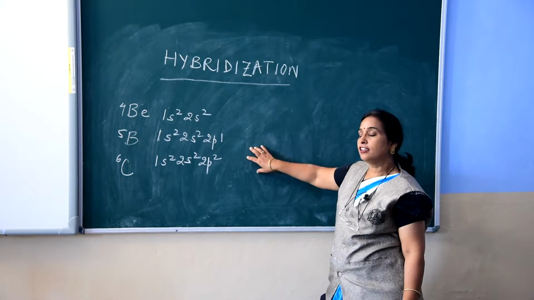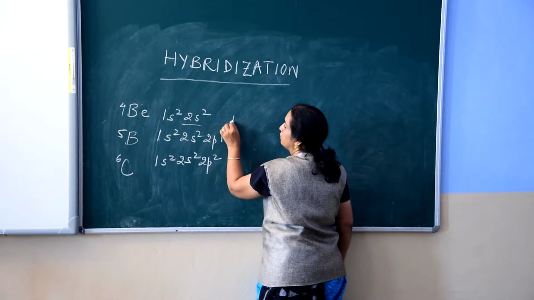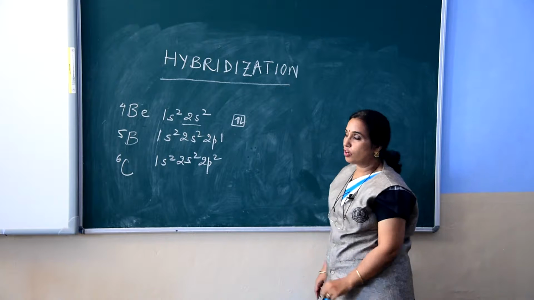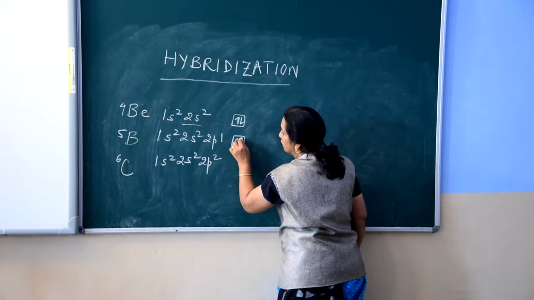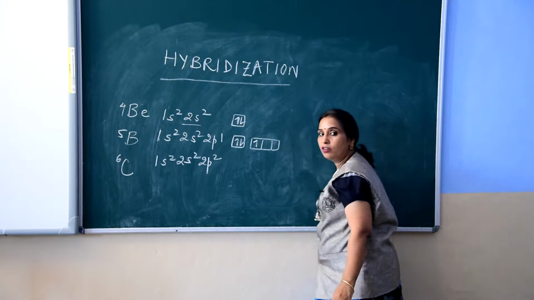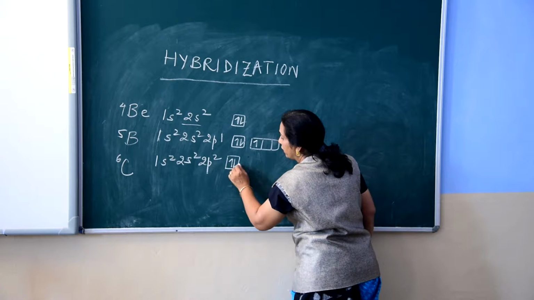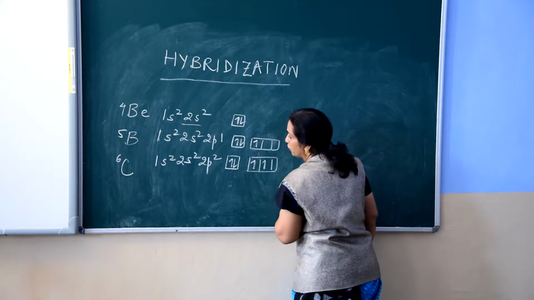We observe that in beryllium, the 2s subshell is completely filled having 2 electrons. In case of boron, 2s is completely filled, the 2p subshell has got only 1 electron, and in case of carbon, the 2s has got 2 electrons and the 2p subshell has got 1 electron each.